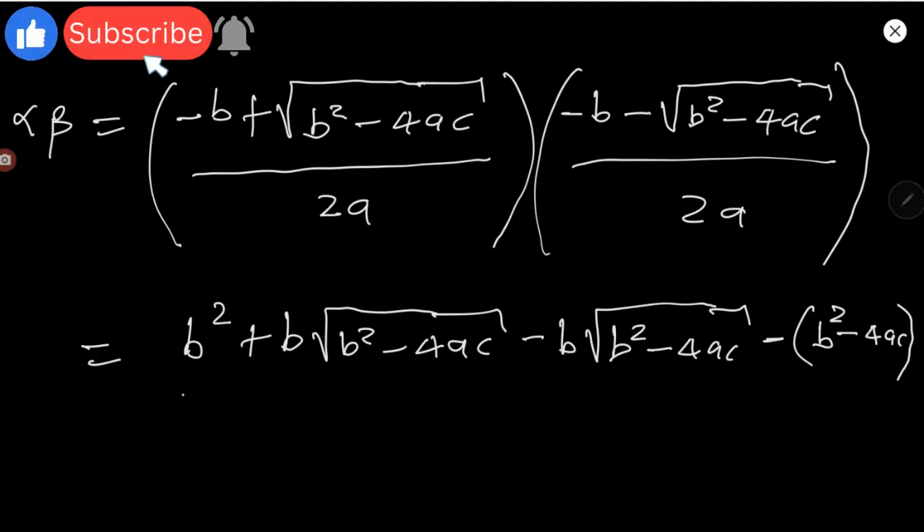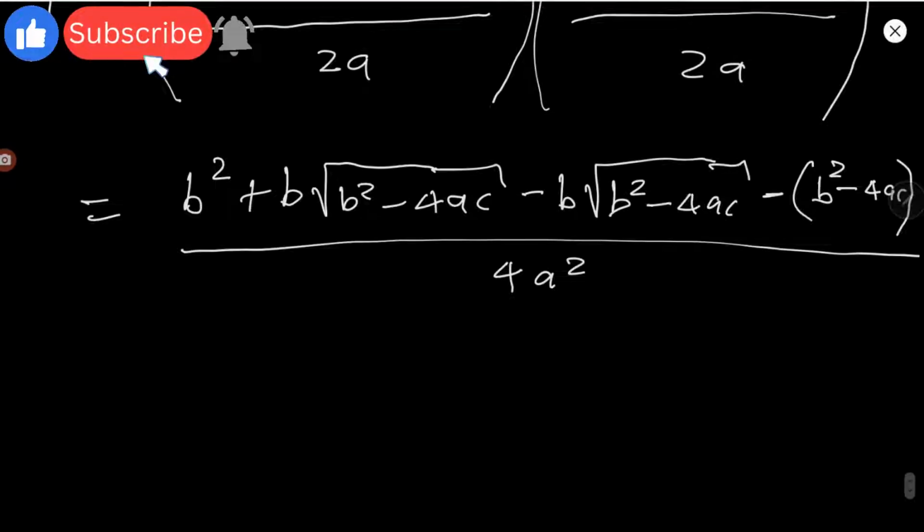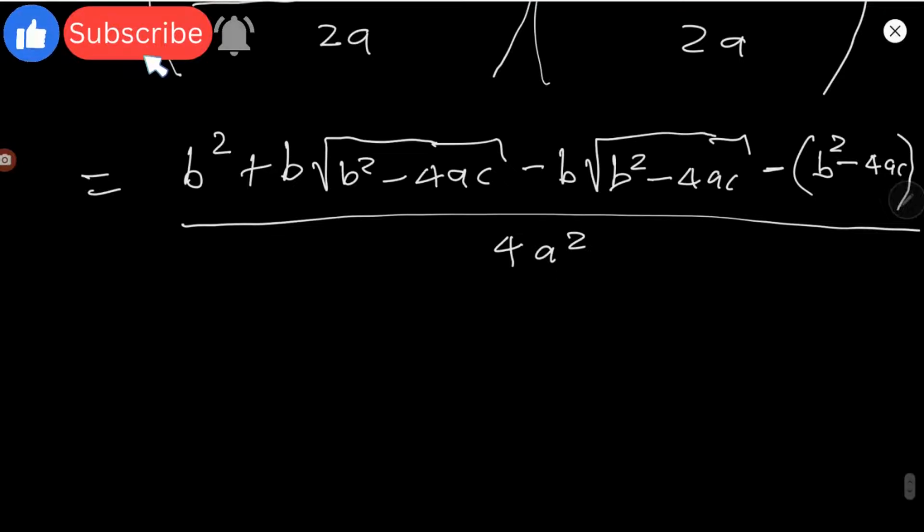And then we'll have this dividing by 2a times 2a, that's 2a squared. So we'll have 4a squared. Because 2 times 2 is 4, a times a, that's a squared. At this stage, we just simplify.